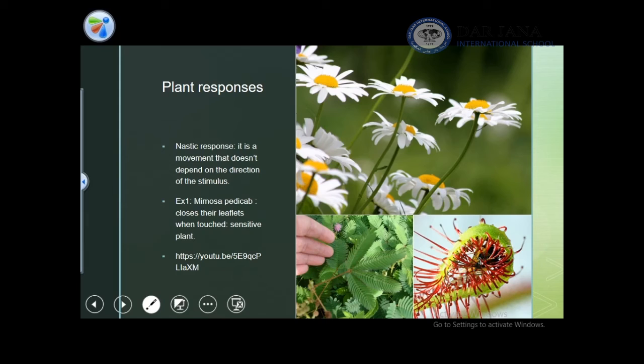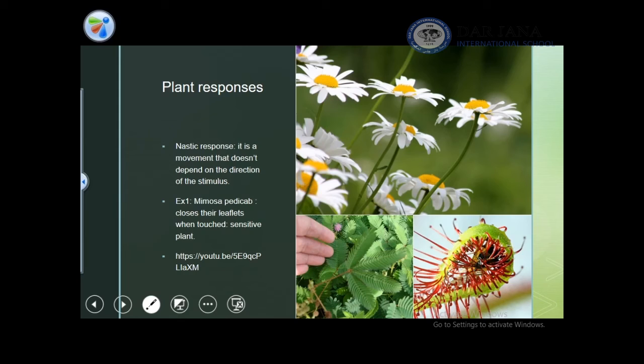Let's start first of all with the plant responses, the example of nastic responses of plant. What is nastic response? A nastic response is the movement that doesn't depend on the direction of the stimulus. We actually have two different types of plant responses. The first type is called the nastic response, which is the movement that doesn't depend on the stimulus.